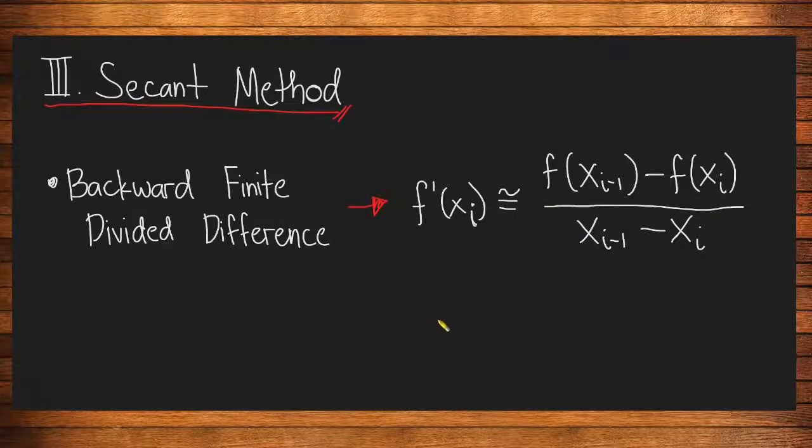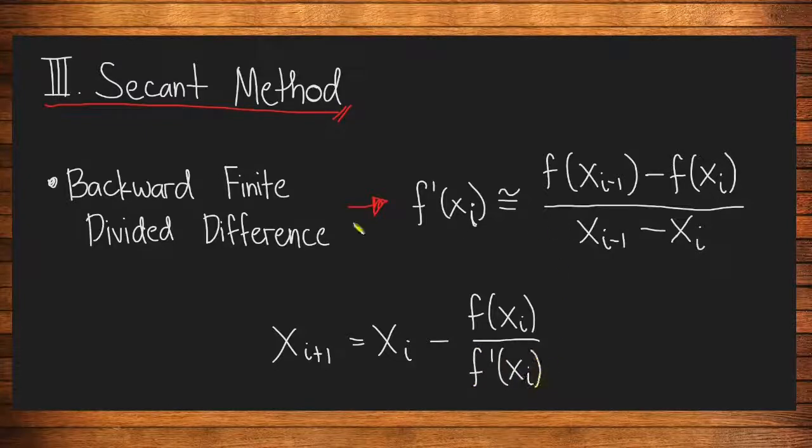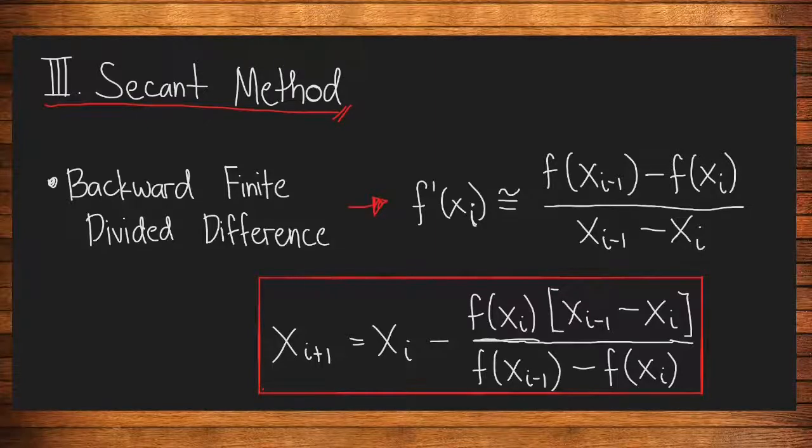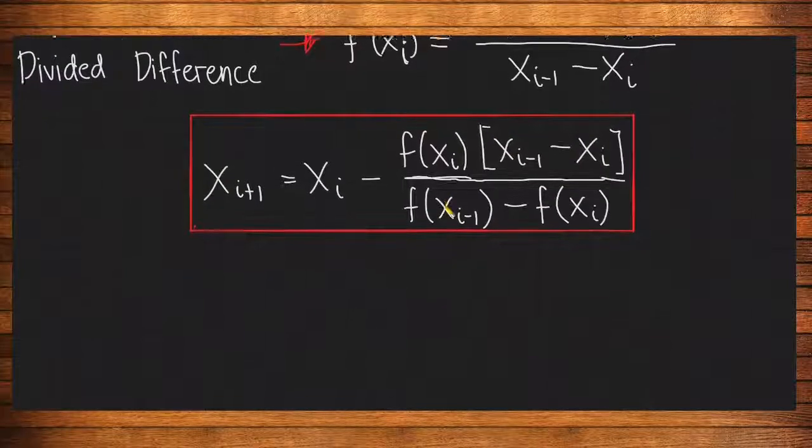Now, if we substitute this equation to the Newton-Raphson formula, so yung f prime of x natin dito, ilalagay natin yung approximate niya given by the backward finite divided difference formula. So this equation is now the formula for the secant method.